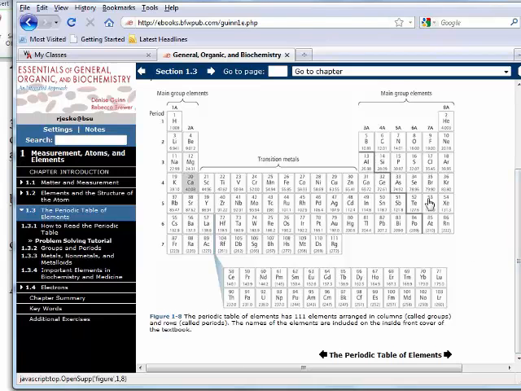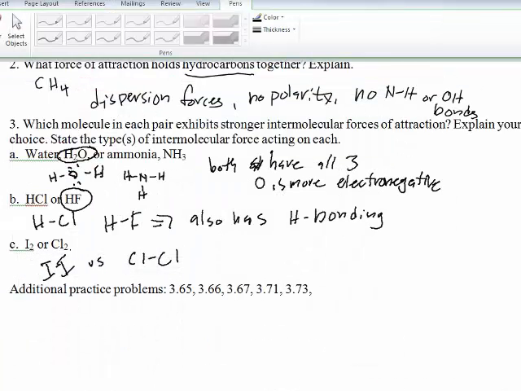We see that iodine starts with 53 electrons for each iodine. Chlorine starts with 17. So we have over 100 electrons in the I2 molecule and only about 35 electrons in the Cl2 molecule. So for that reason, I2 has much stronger dispersion forces than Cl2 because it has many more electrons.